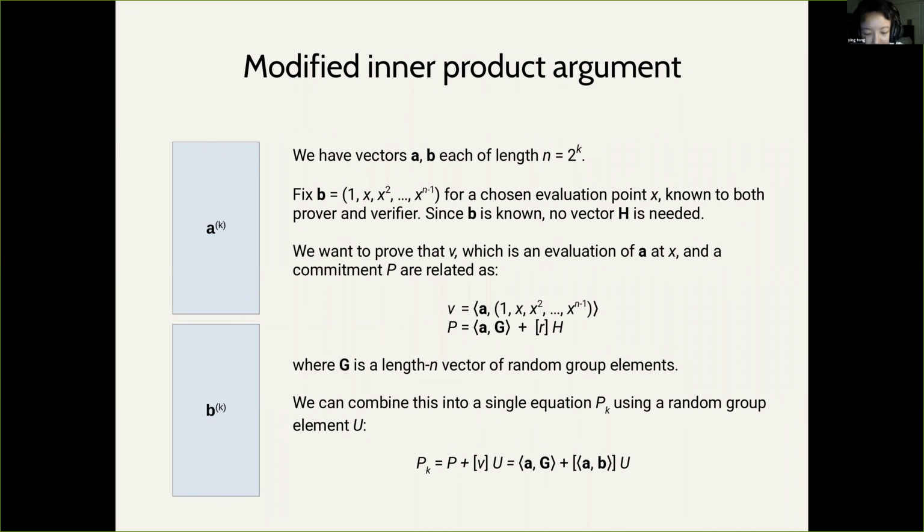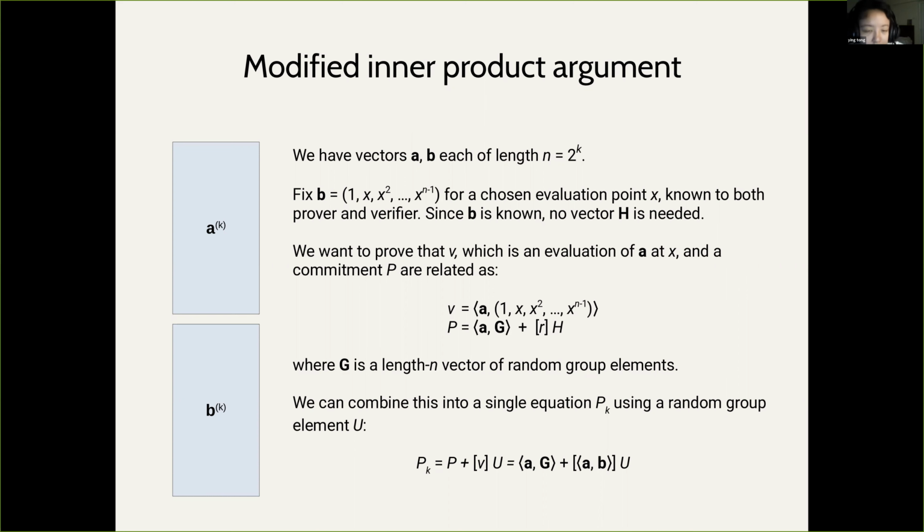But actually, a is the vector that we're committing to, and b is simply a fixed vector. So this is a publicly known vector, and it's just the increasing powers of some chosen evaluation point x.